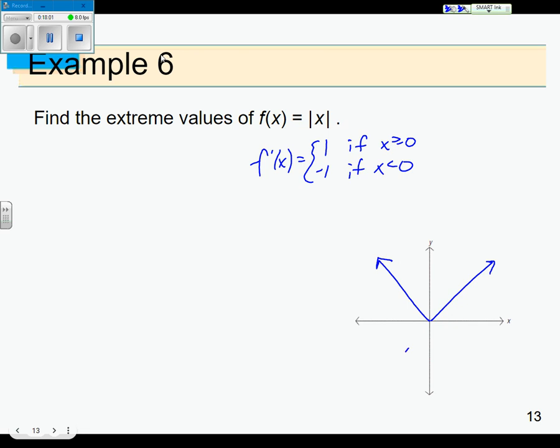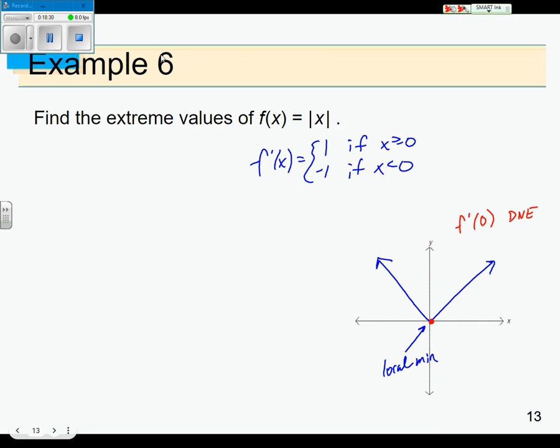So look, I have a local min right here, right? I have a local min, but f prime of 0 is not defined, or f prime of 0 does not exist, because it gives me a sharp corner, a kink.